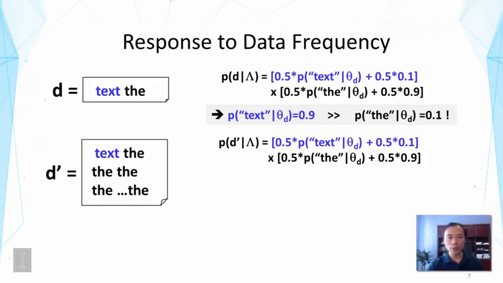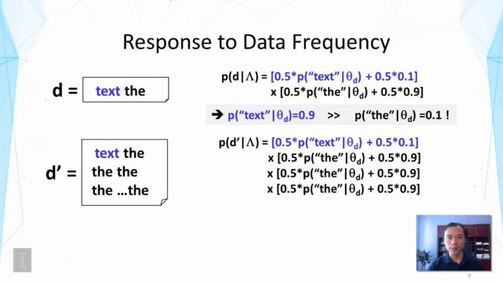Since in this case all the additional terms are "the", we're just going to multiply by this term, the probability of "the". And if we have another occurrence of "the", we multiply by the same term again, and so on and so forth until we add as many terms as the number of "the" that we add to the document, d prime.